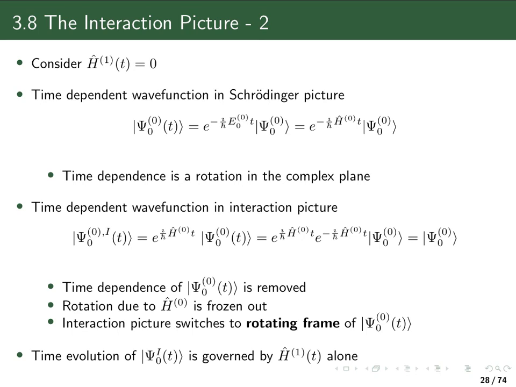And this is very useful because when we have a time-dependent situation where an external time-dependent field perturbs our system, so we actually have a first-order perturbation Hamiltonian, then we are not really interested in the time dependence coming from the unperturbed Hamiltonian. We are interested in the extra time dependence introduced in the system by this perturbation Hamiltonian.